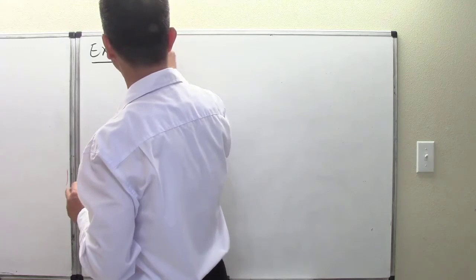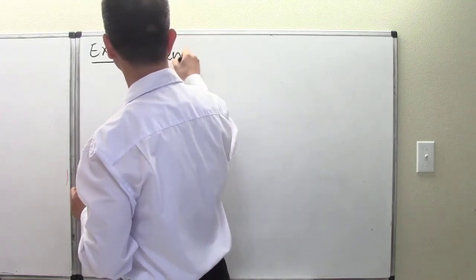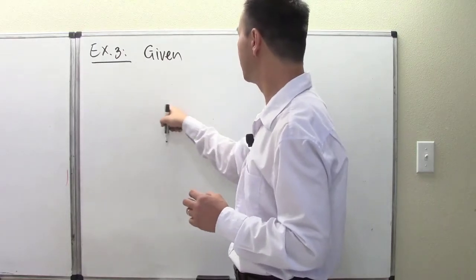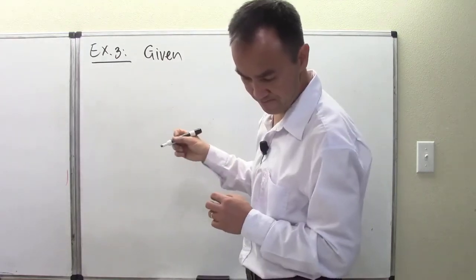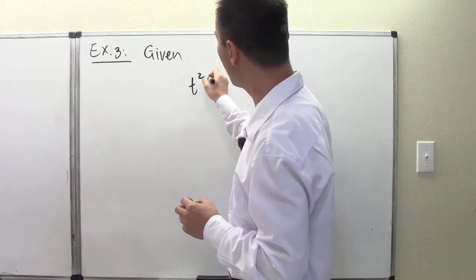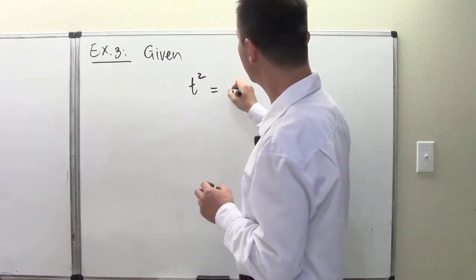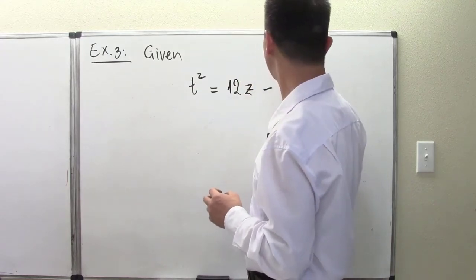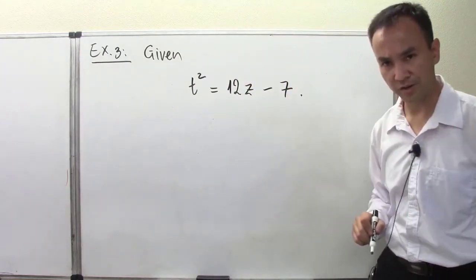In this example, we have an equation given: t squared equals 12z minus 7. We have an equation.